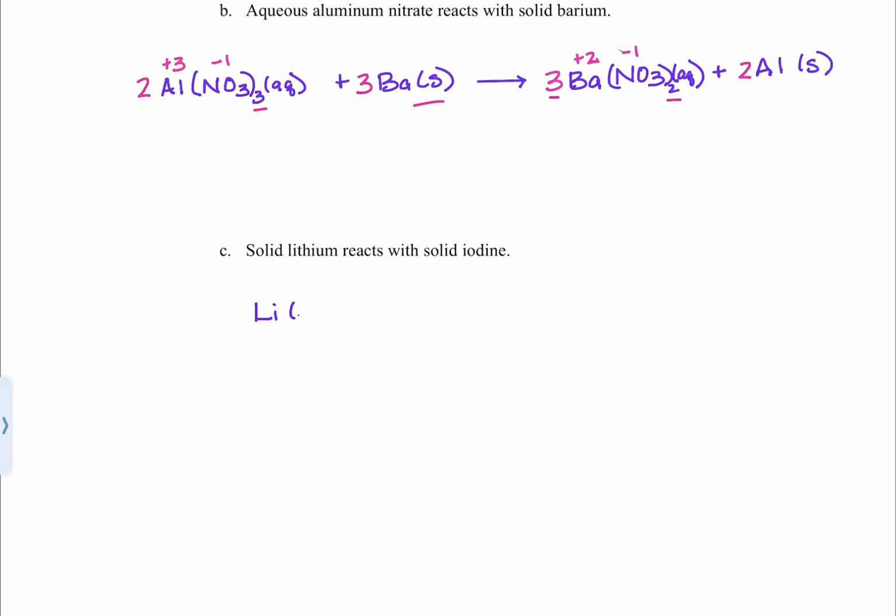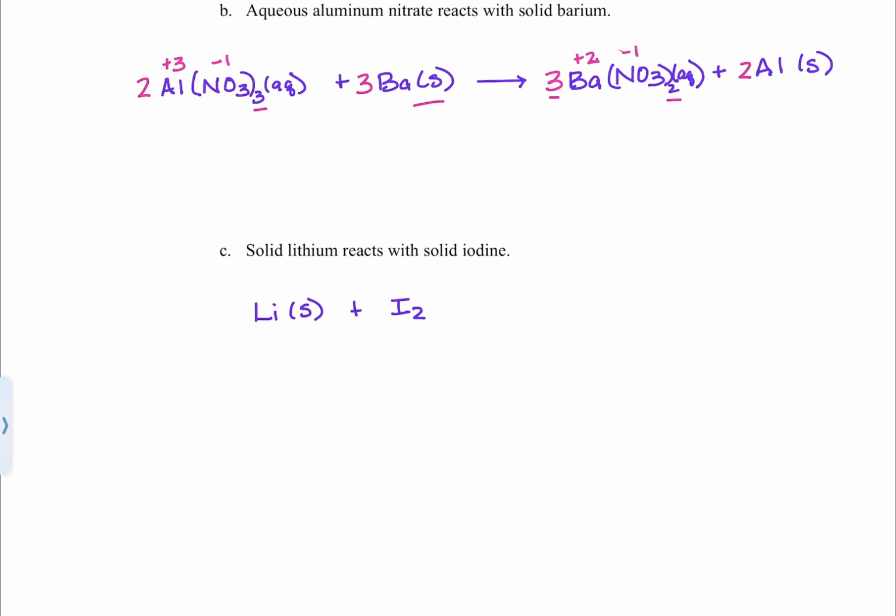Okay, so solid lithium, lithium's just Li, and we'll write it solid, reacts with solid iodine. Iodine is one of your diatomic molecules, meaning that it's only found in the diatomic form. So you have to write iodine as a diatomic molecule. You do not have a choice because that's how it's found.